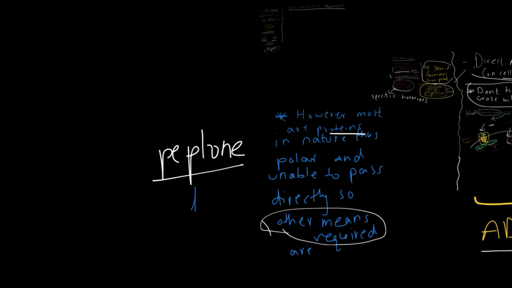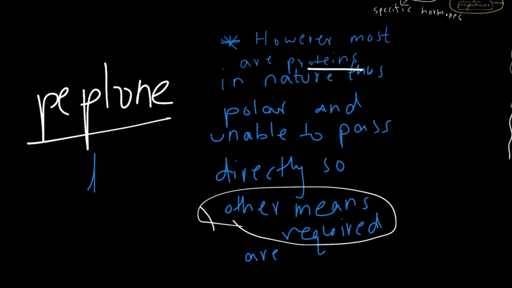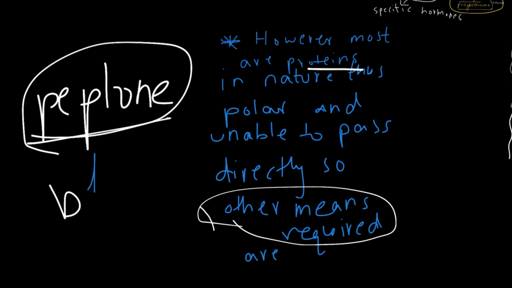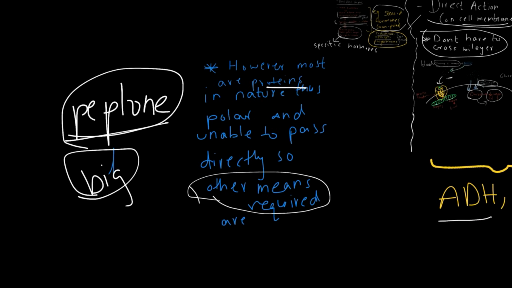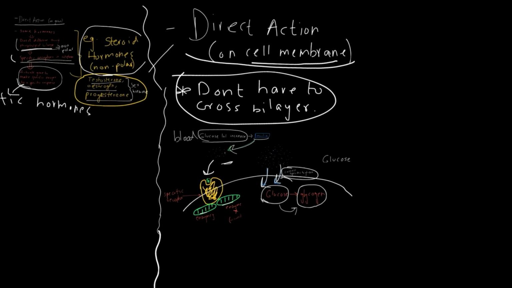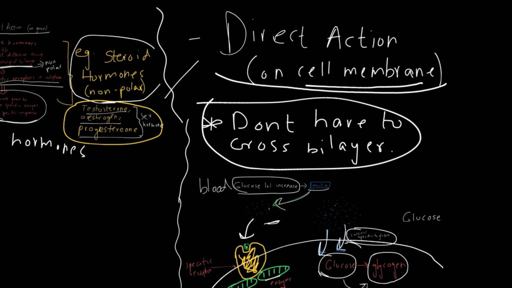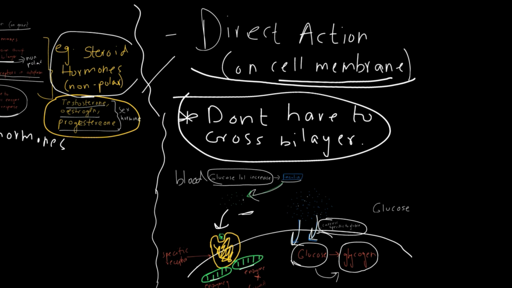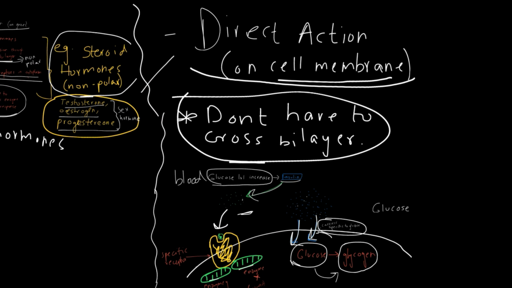However, most of the hormones are proteins in nature or peptides. Peptides are small polypeptide chains. So as a result, they're polar and big molecules, so they're not easily diffusible inside, and other means are required. The other way is direct action on the cell membrane, in which it doesn't have to cross the bilayer.